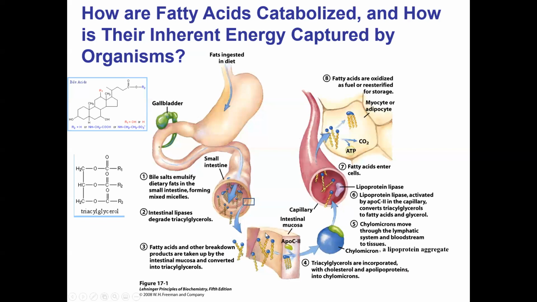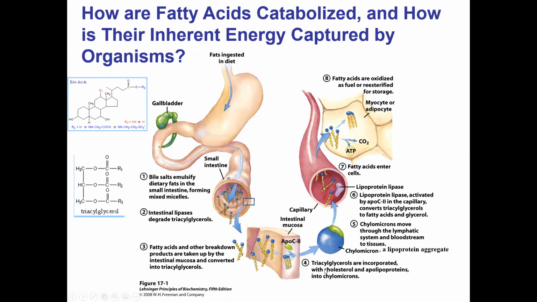It will assemble the whole molecules of proteins and fatty acids and glycerol into what we call a chylomicron. Okay, chylomicron is nothing but an aggregate of fat and protein. So a lipoprotein aggregate.